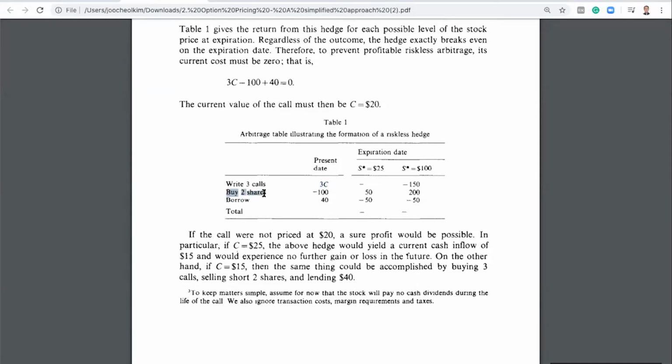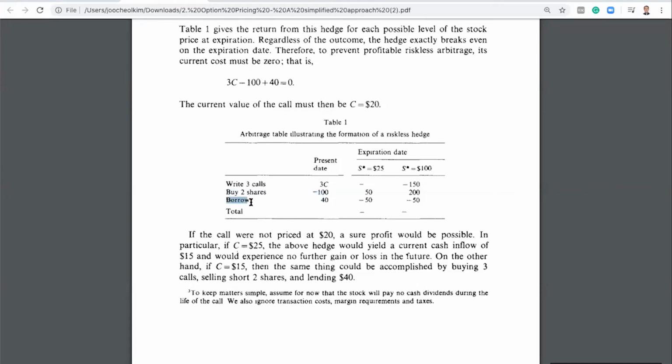And then I'm going to buy 2 shares, the price of 1 share is $50, and I'm going to buy 2 of them. Then the total money that I'm going to pay is $100. That $100 goes from my pocket to the other guys, so from my cash flow point of view, it's negative 100.